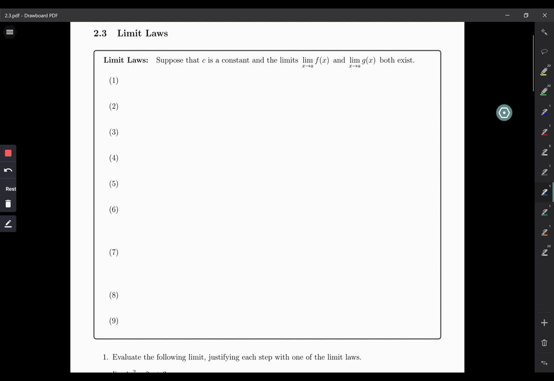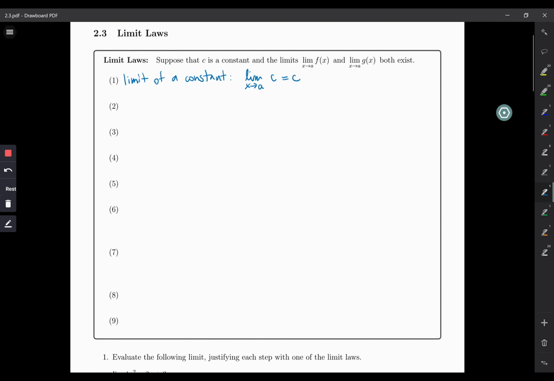Okay, so first off, the limit of a constant. If you had the limit as x goes to a of c, where c is a constant, the limit of that is just equal to c.